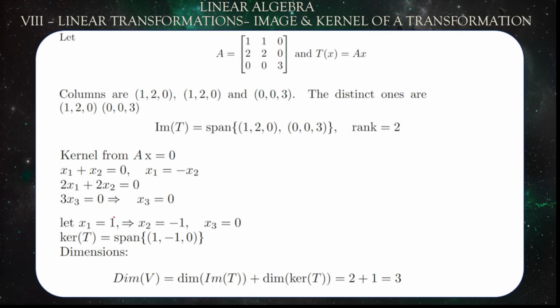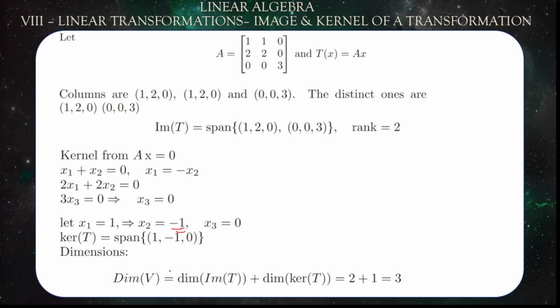If x1 is equal to 1, then x2, which is minus x1, would be minus 1. And x3 is already given as 0. So the kernel of T is the span of (1, -1, 0). Hence, the dimension of the kernel of T is equal to 1, because we only have one vector. That is called the nullity, the dimension of the kernel of T.